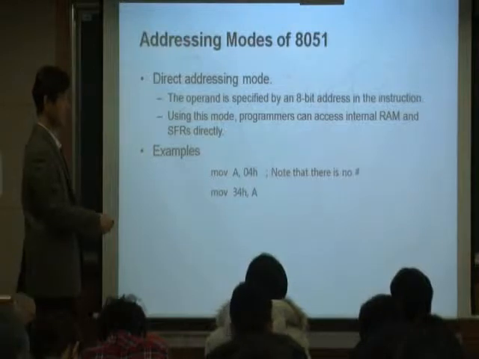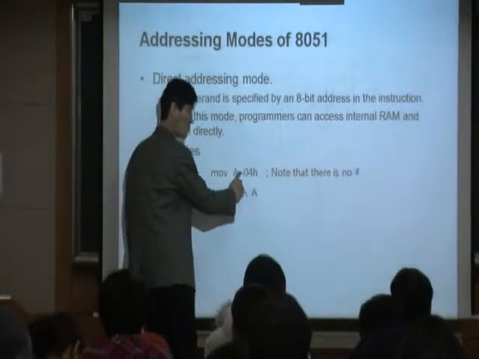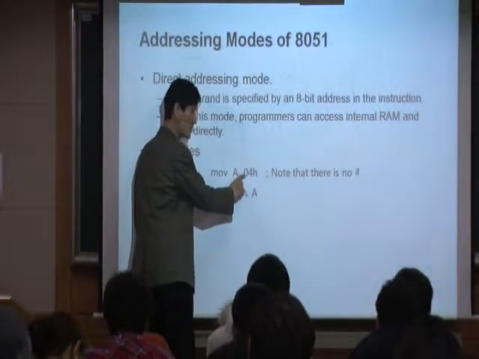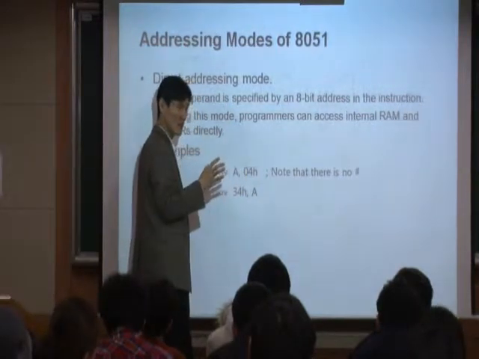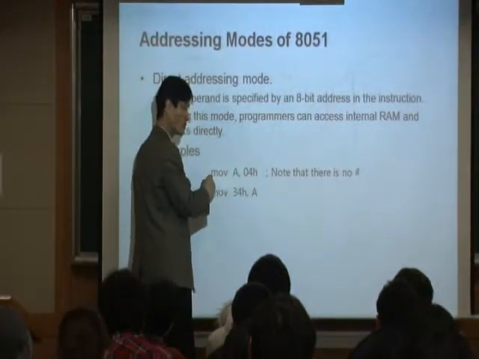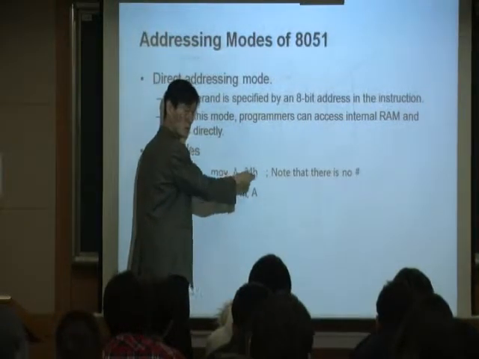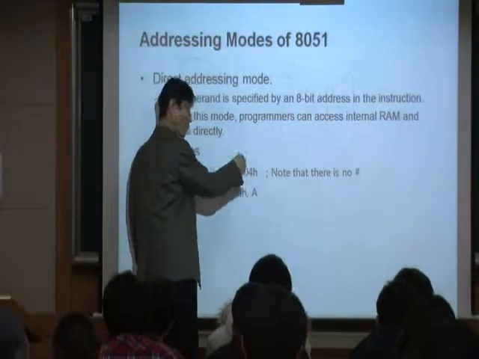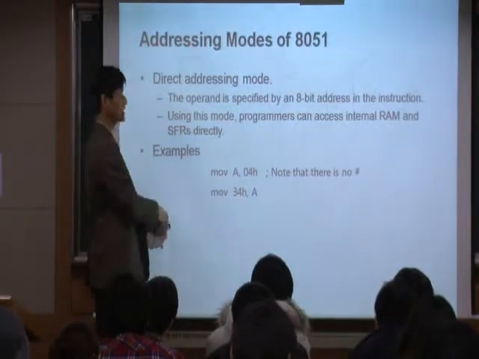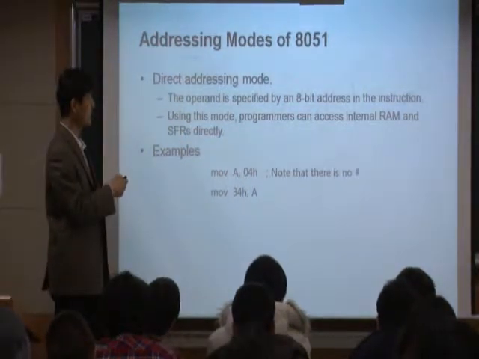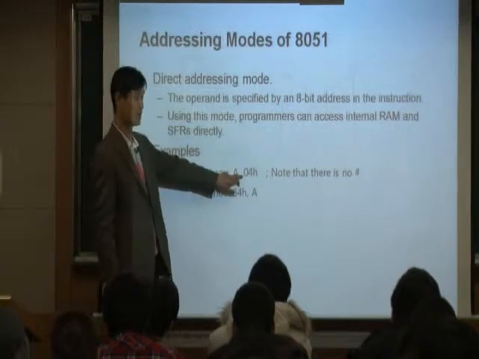Suppose that we have a pound here, then this is an immediate value. Once you execute this, A will have the value 04, because that was the immediate value. 04 goes into A. But in this case, this is direct addressing. We have no pound.